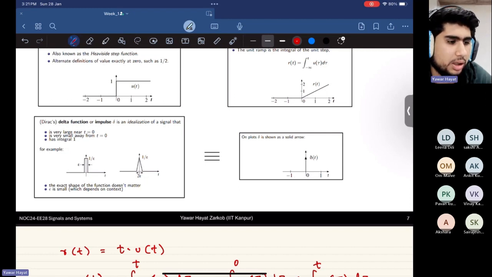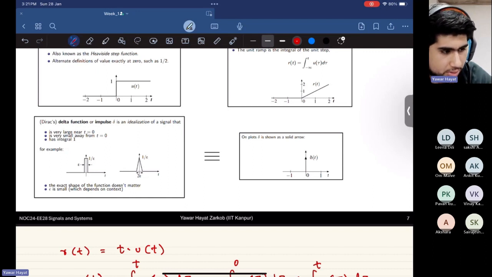Now, can you all see why this figure shows the signal occurring for epsilon duration, and in the second figure for 2 epsilon duration, right? As we defined, this integral should be 1.